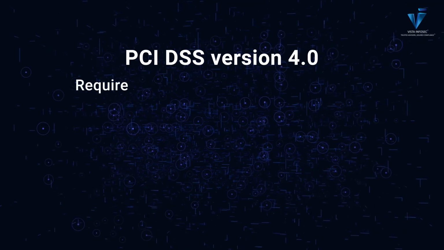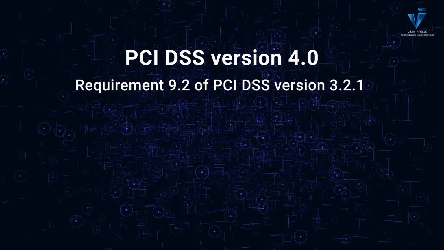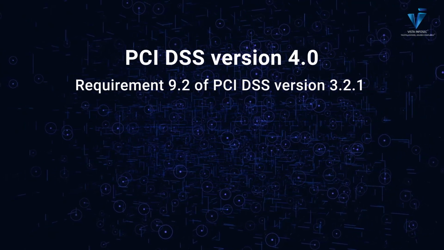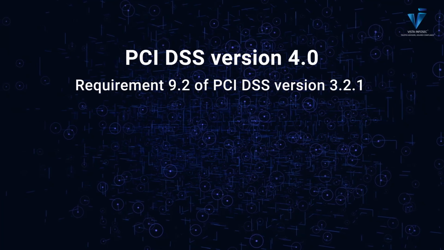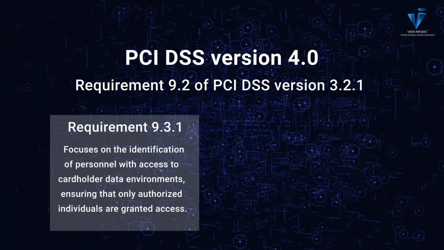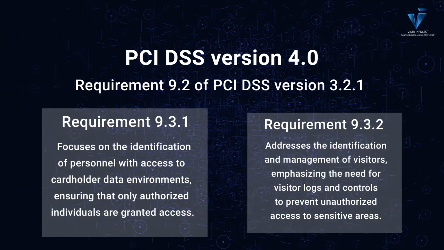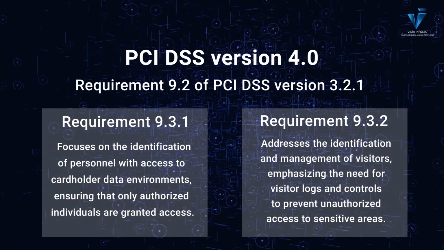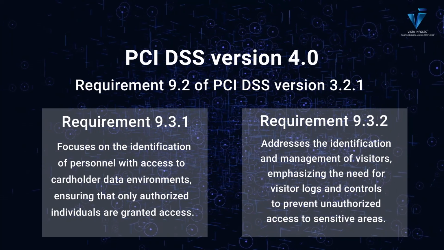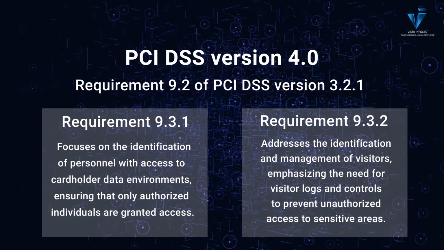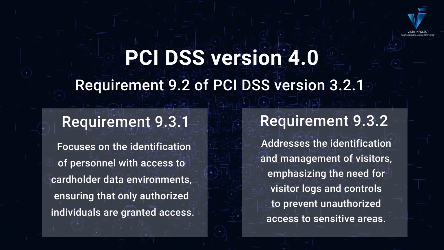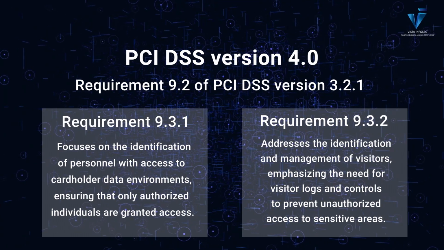We see that in this latest PCI DSS version 4, requirement 9.2 of PCI DSS 3.2.1 continues to address the same aspects, but it is now introduced as two new sub-requirements, 9.3.1 and 9.3.2, maintaining the focus on segregating the controls for personnel and visitors. Requirement 9.3.1 under PCI DSS 4 focuses on identification of personnel with access to cardholder data environments, ensuring that only authorized individuals are granted access.